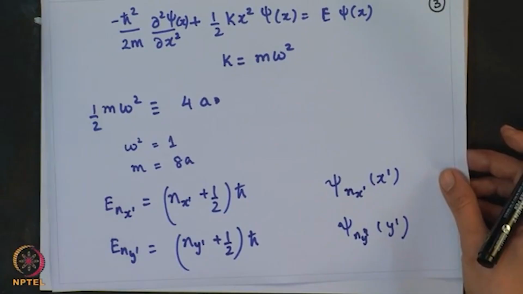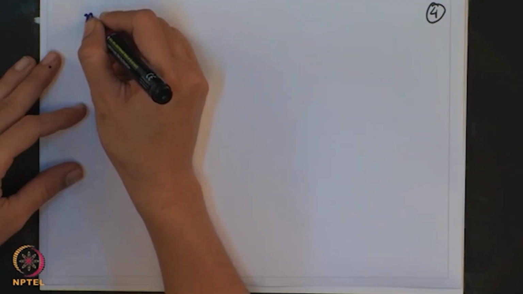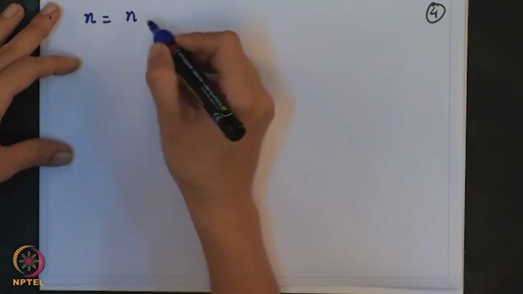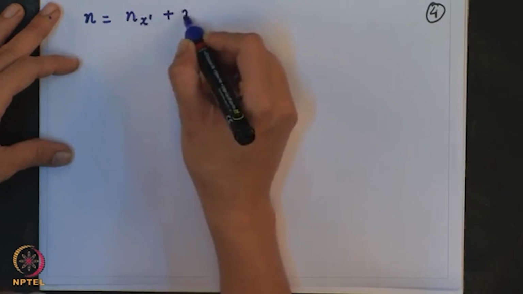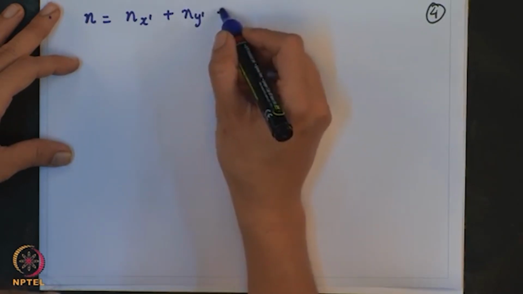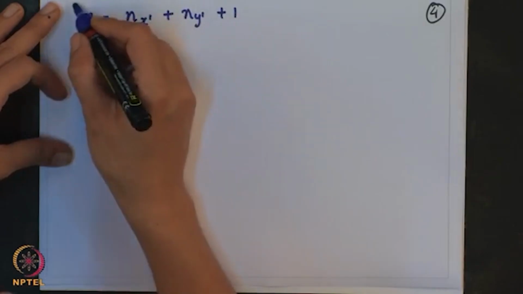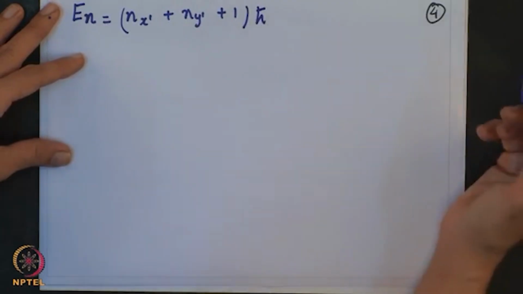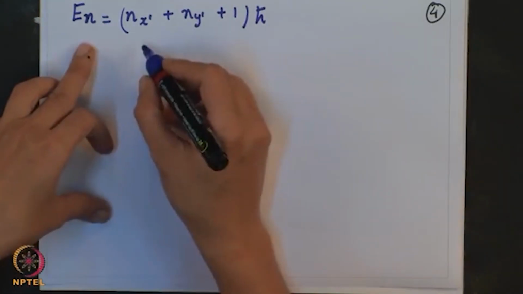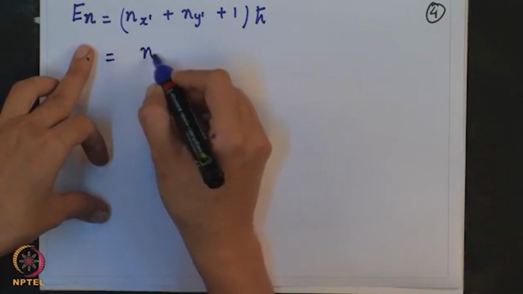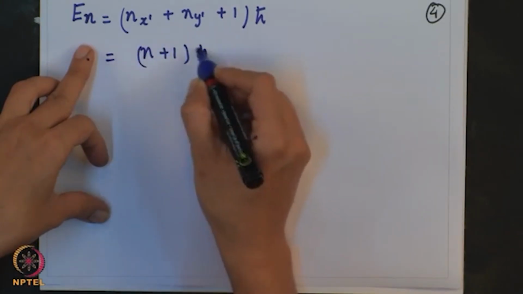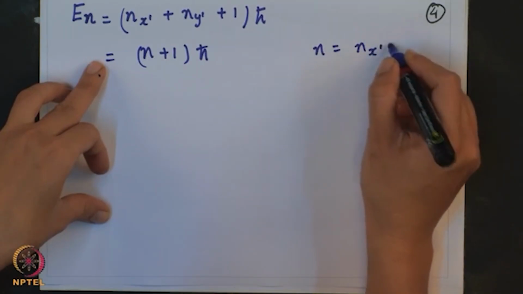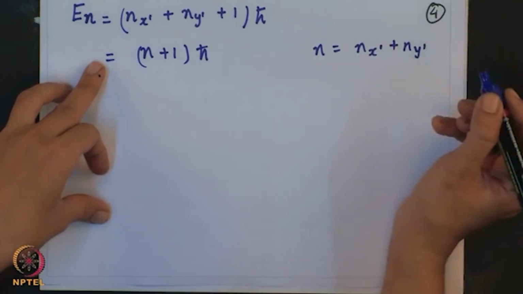Here you must note that your total E, or total n, is n_x' plus n_y' plus 1, or E_n is (n plus 1) ħω, where n is nothing but n_x' plus n_y'.